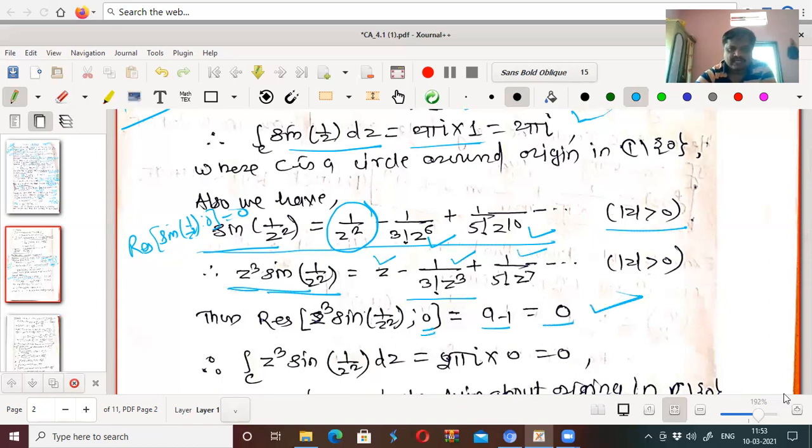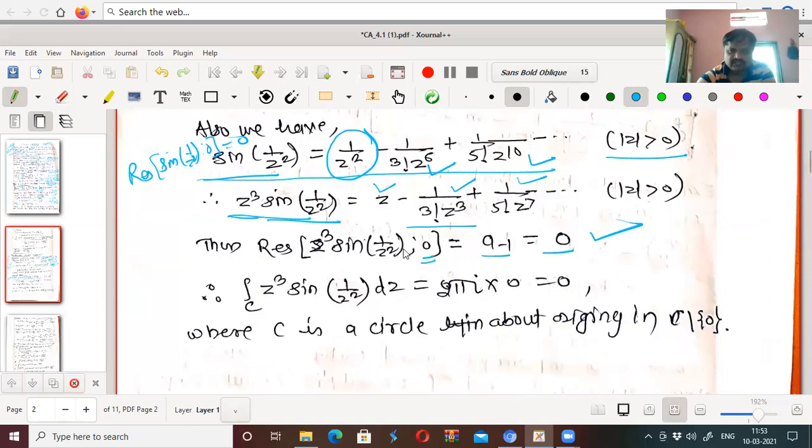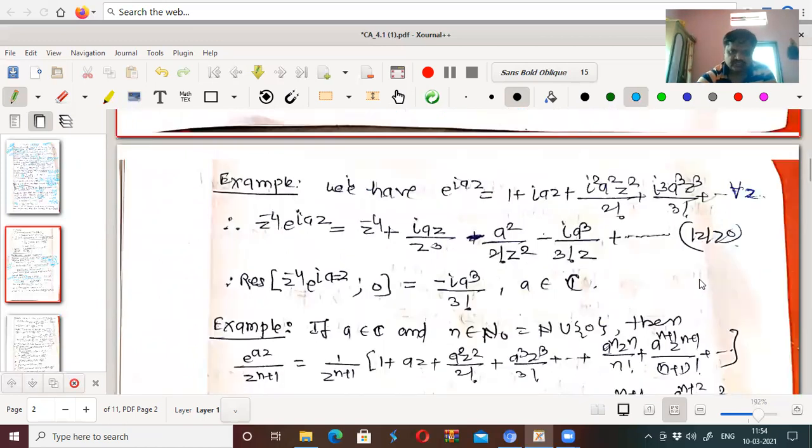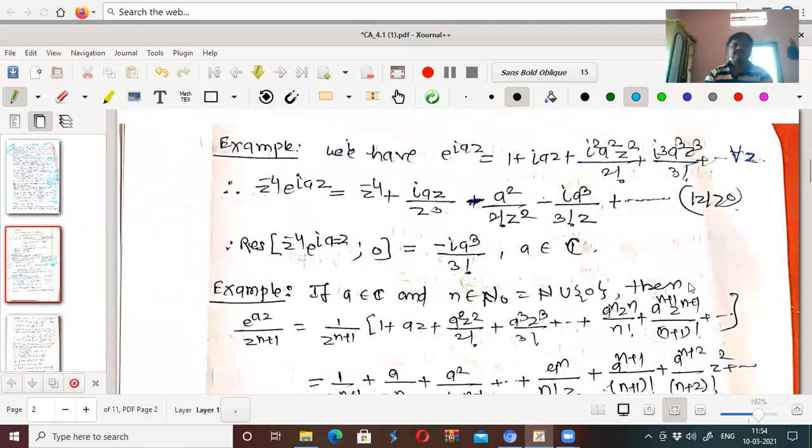As this residue is 0, therefore the integral of this function along any curve C having center at origin with respect to z is 2 pi i into residue, 2 pi i into 0, that is 0, where C is any circle lying about the origin in the complex plane with 0 deleted.